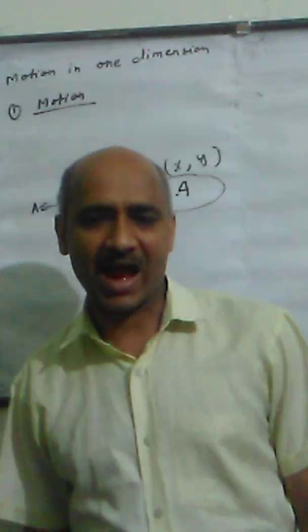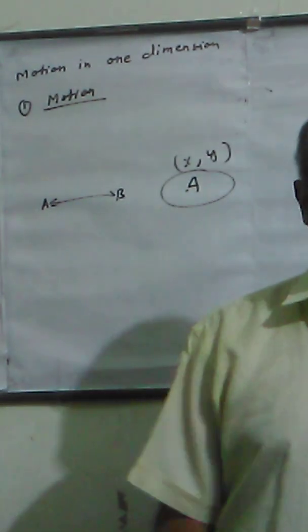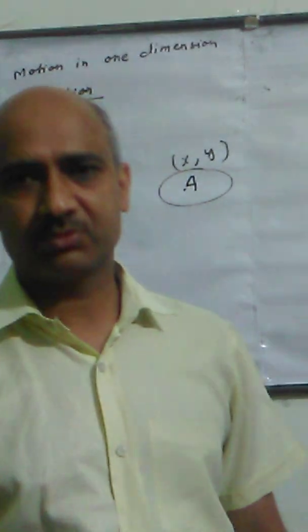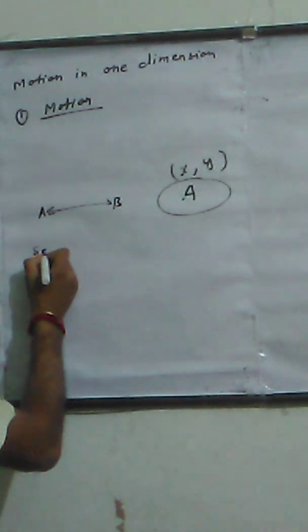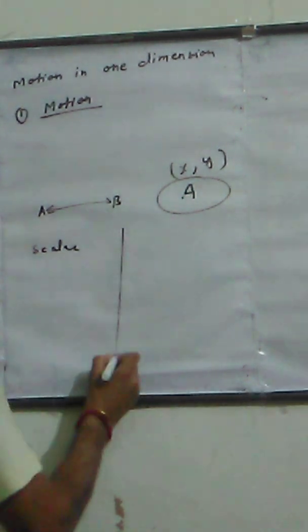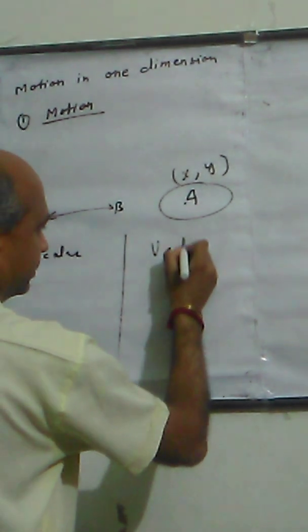After motion and rest, we have to define some other terms which are related to motion. The first terms that come to mind are scalar quantities and vector quantities.